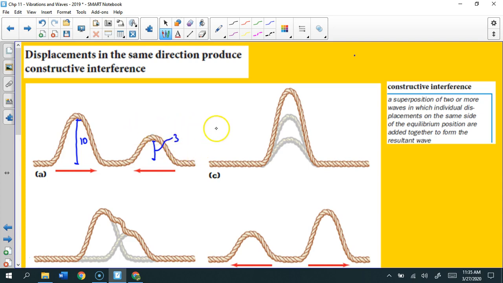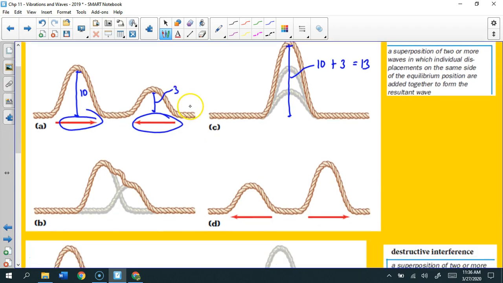Because they are traveling towards one another, the resulting constructive interference, which happens right there, is going to be 10 plus 3, which is actually 13 units.